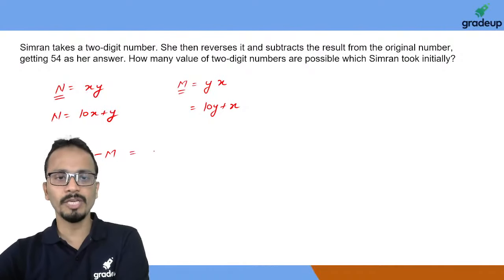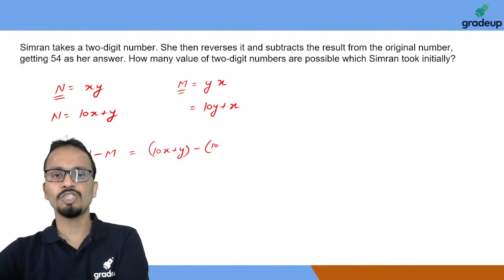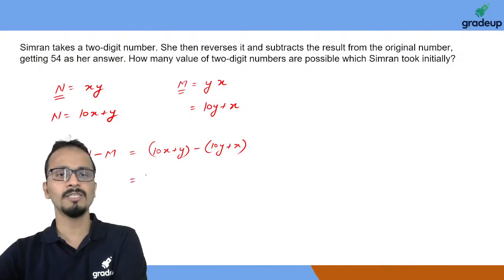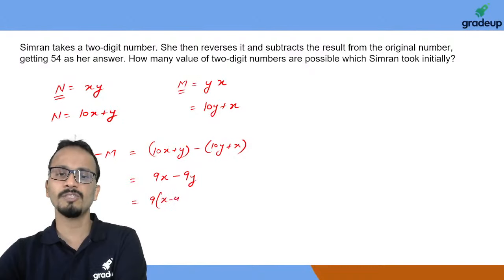Let's do the same thing. So 10x plus y minus 10y plus x. This is what she has done. And in the form of x and y, the result that I'll obtain will be 9x minus 9y. I'll write it as 9 times x minus y.